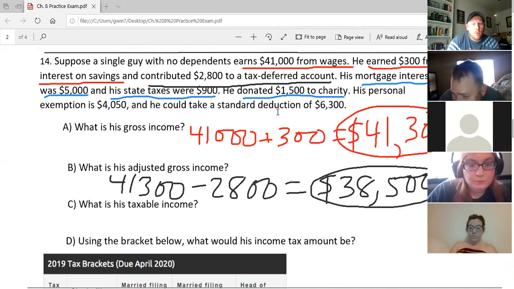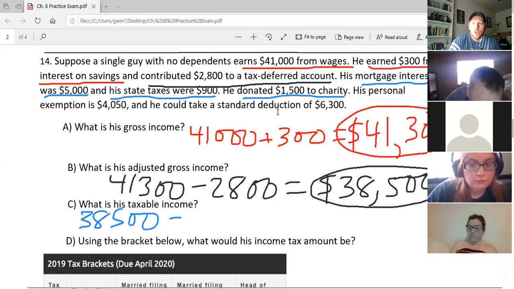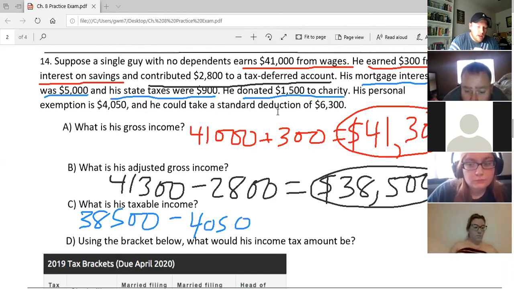So when I go to find his taxable income, I need to take that 38,500 and then I subtract whatever exemption he's eligible for. So the 4,050. And then I subtract deductions. Well, you have two options and you want to find out which is the best.